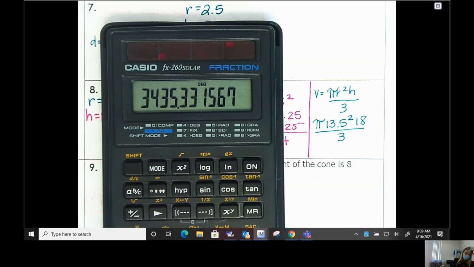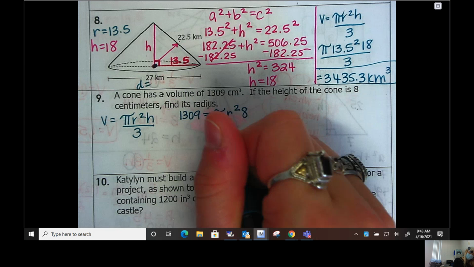So for our volume, we're going to substitute in 1,309 equals, I'm going to leave the pi. I don't know the radius, so I'm just going to leave r squared. Like Daniel said, I know the height, which is 8. And then I'm going to take that whole thing and divide it by 3.